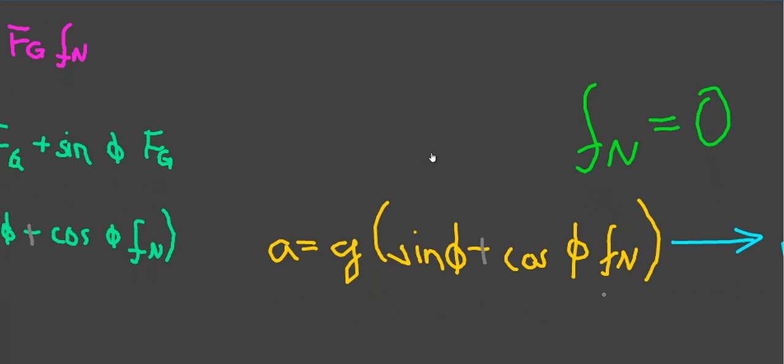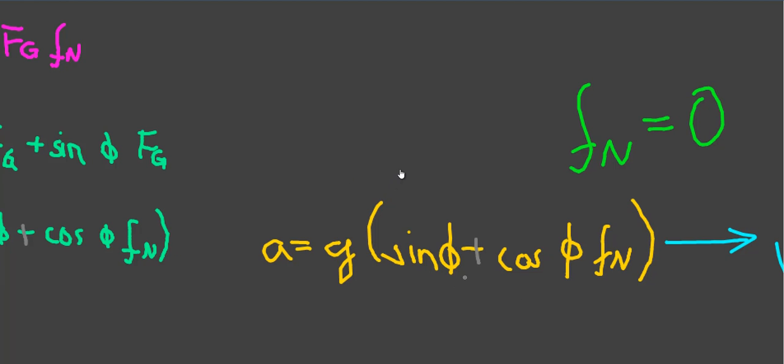And that factor is either sine of phi minus cosine of phi times Fn if the object is going downwards, and sine of phi plus cosine of phi times Fn if the object is going upwards. In both cases, this is the downwards pointing acceleration, because I assumed that we are looking downwards in all cases.